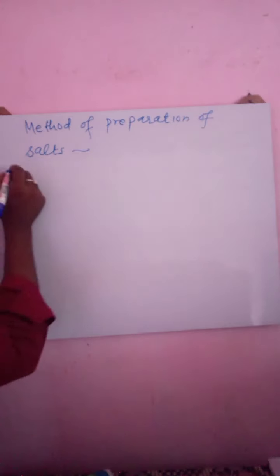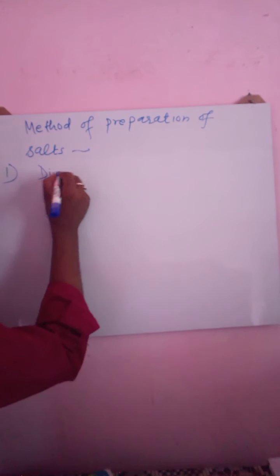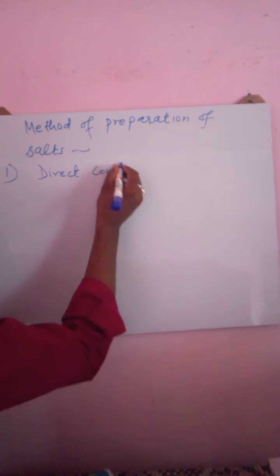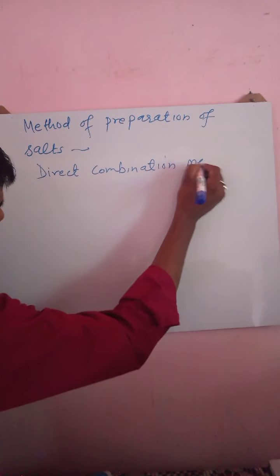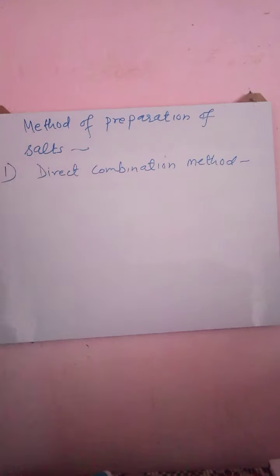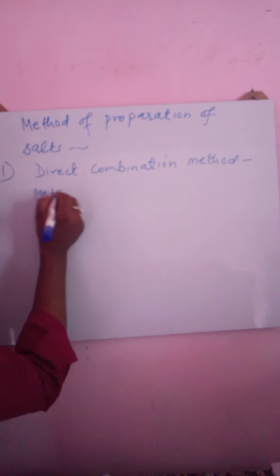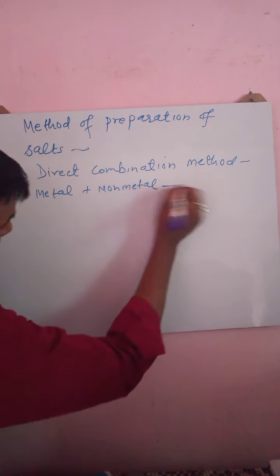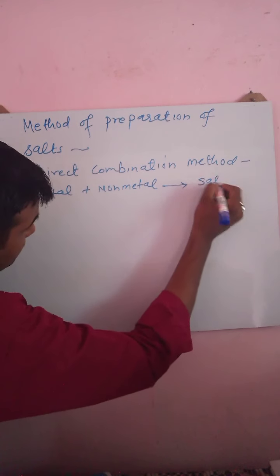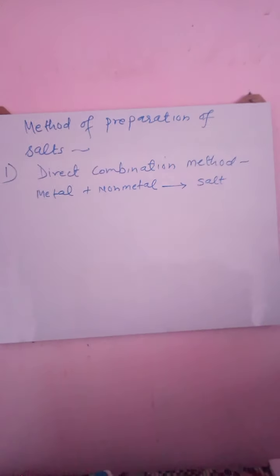Salts are prepared by different methods, of which one is very common, that is the direct combination method. In the direct combination method, metal combines with non-metal to give salt.